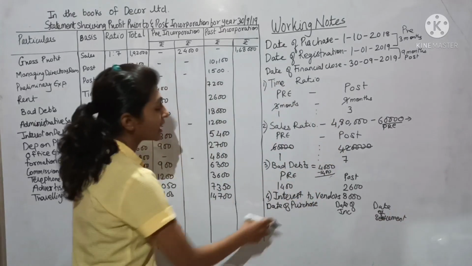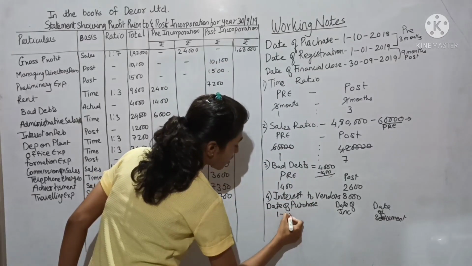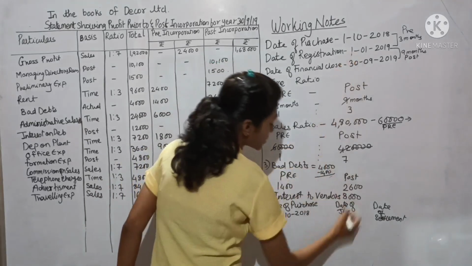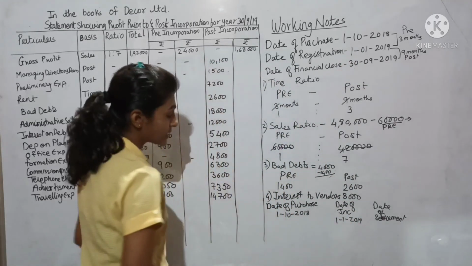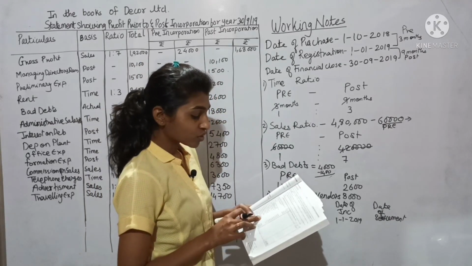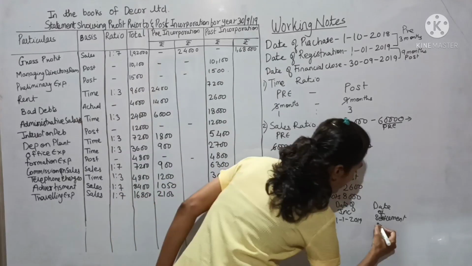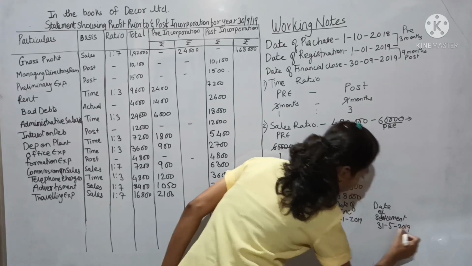Okay, so the date of purchase of this Decor Limited is what? 1st October 2018. Date of incorporation is 1st Jan 2019. And the settlement date was what? The interest runs from 1st October 2018 to 31st May 2019, so the last date of interest is 31st May 2019.